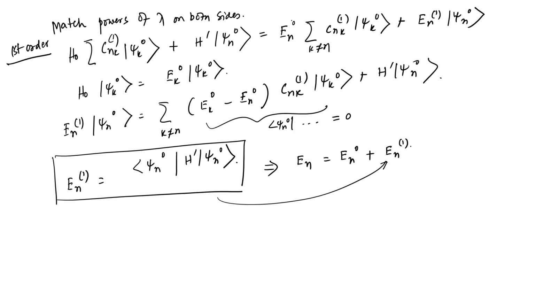What about the wave function? Let us see the wave function. To calculate the wave function, what we do is we take an inner product with a dummy psi m 0, psi m 0. Okay.